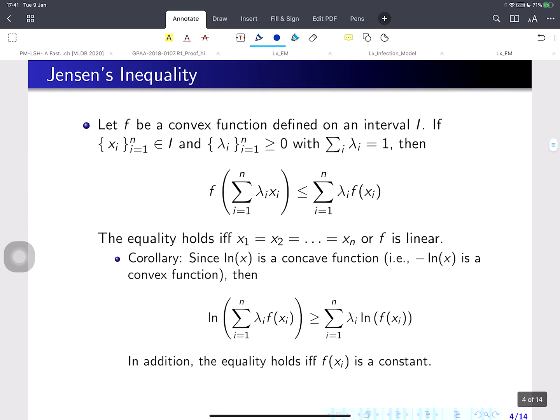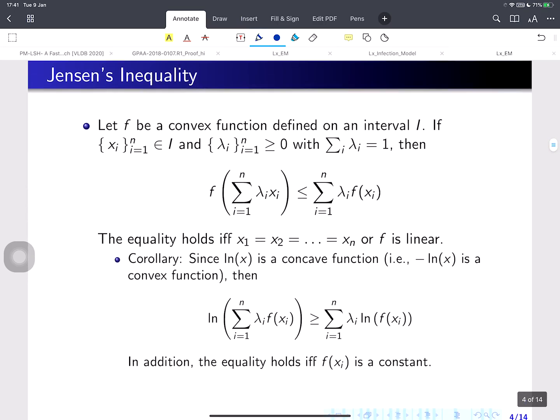The previous definition uses two points, and then you do the interpolation. You can also do multi-point interpolation as well. We won't go through the details, but it can be proved using induction on these lambda i's.